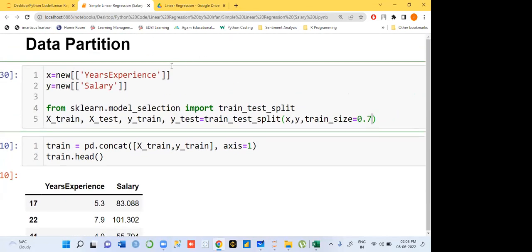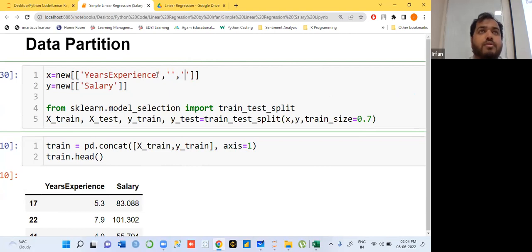Yes, sir. Write the column name. Clear. Now guys, you have X data. So I will break X into X train and X test, and Y into Y train and Y test. Is this clear?